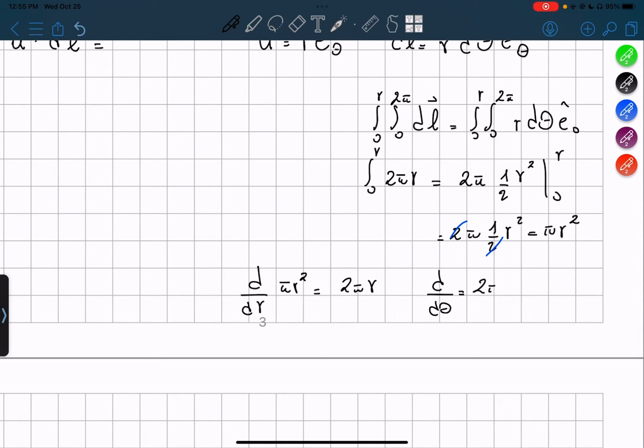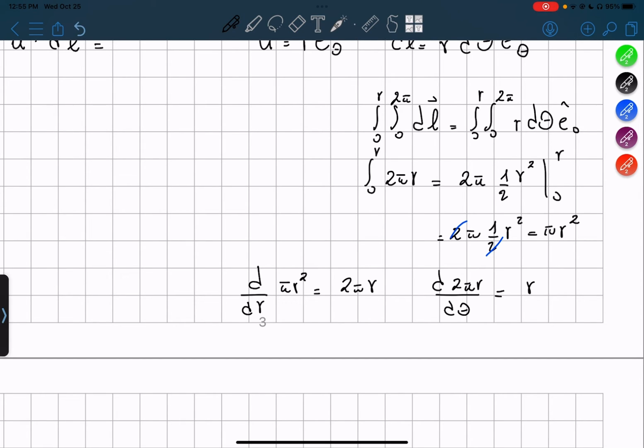Technically speaking, we get 2 pi r d theta. But we get 0 because there's no component in the theta direction, but we know it goes from 0 to 2 pi, so the 2 pi comes from here. And then the r is just going to be the initial value.